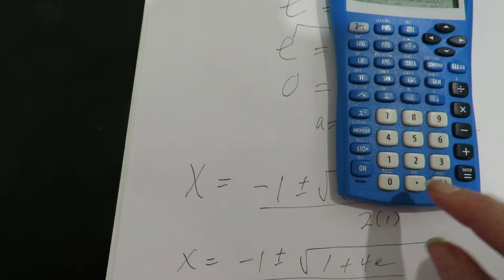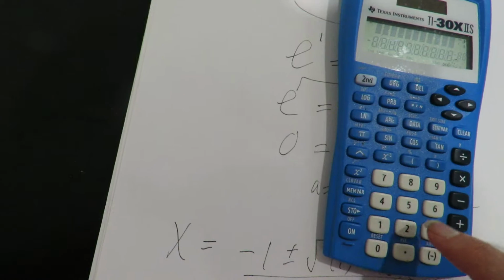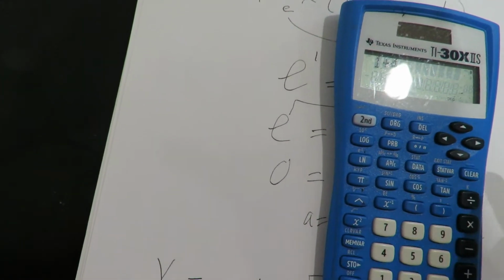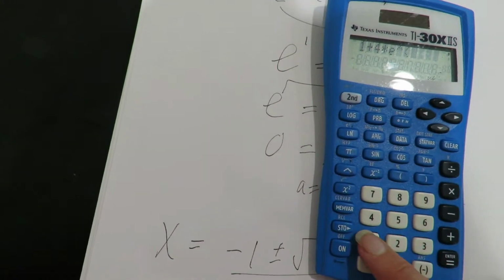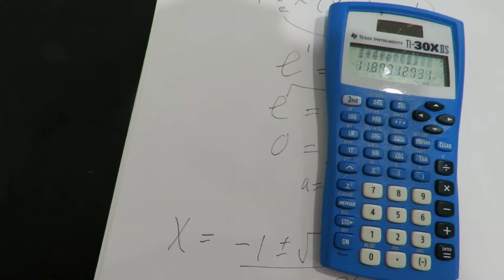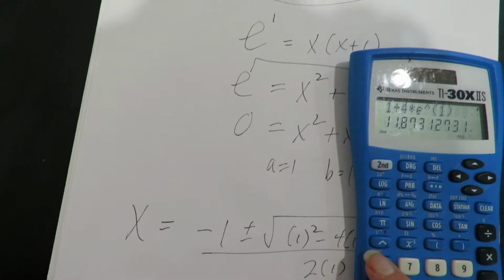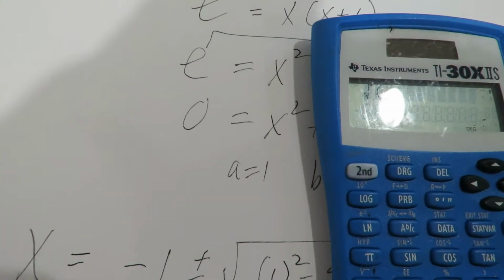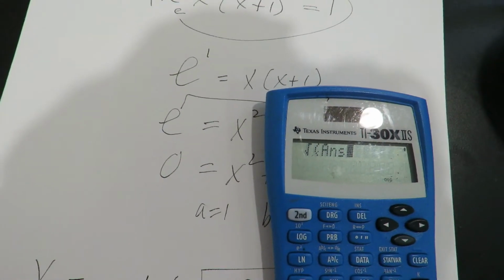Let me see what kind of numbers we're dealing with over here in the radicand part. So 1 plus 4 times e. And again, I have to specify that my e is to the power 1. Okay, so that's what's under the radical. And I'm going to now take the square root of what's under there, so I can simplify the answer.